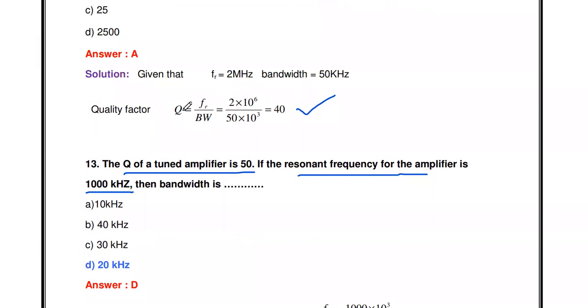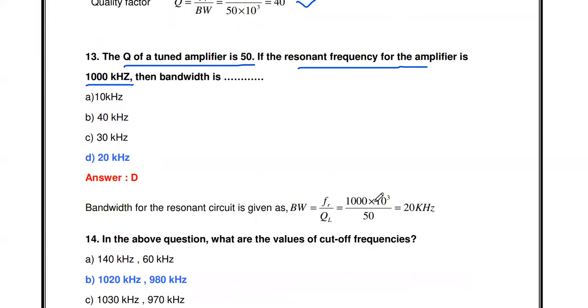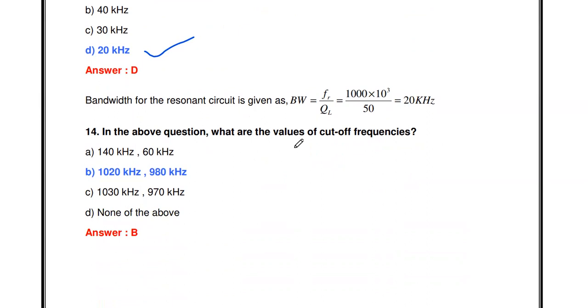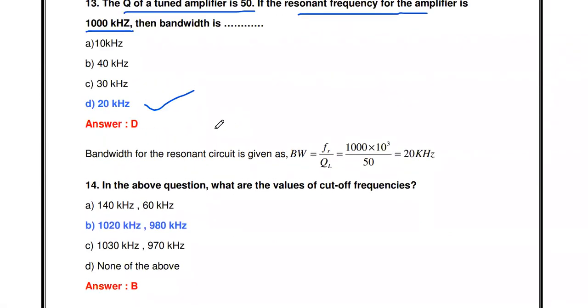The bandwidth is equal to FR by Q. What is FR? 1000 kilo, divided by the quality factor, 50. If you solve, we will get the answer 20 kilohertz. So the bandwidth is 20 kilohertz. So these are all the various possibilities of asking 2-mark questions in this single tuned amplifier.